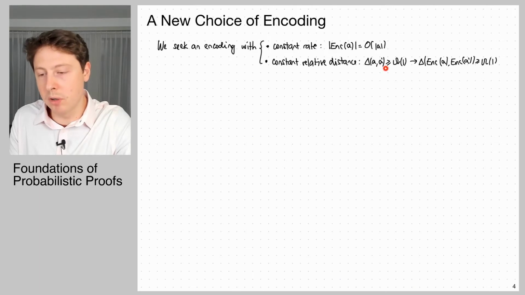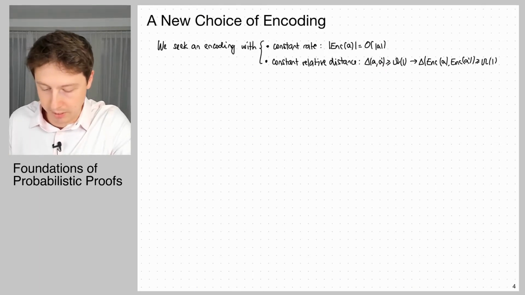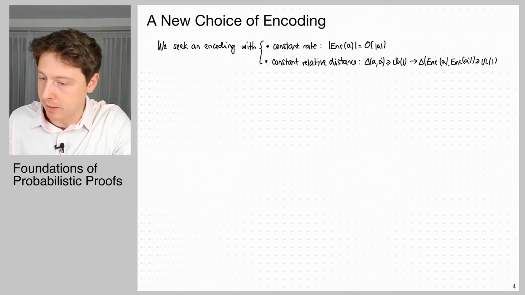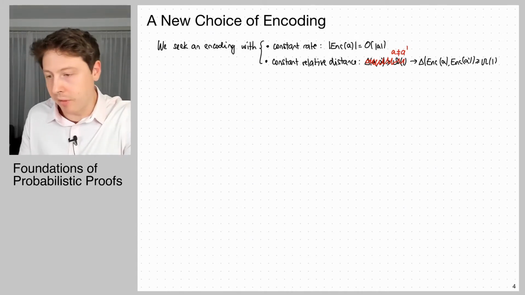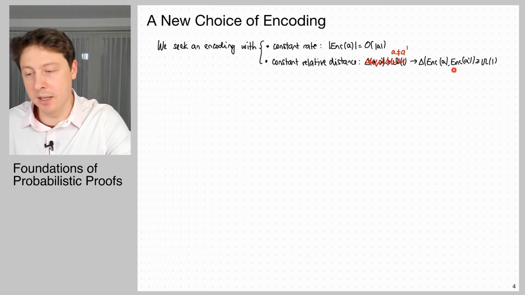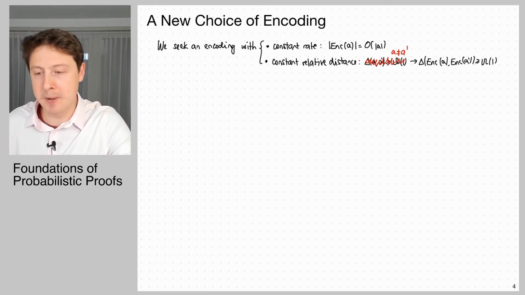Actually, that's not what I wanted to say. If two assignments differ, even at one location, then we want the fraction of differences between the two corresponding code words to be some constant fraction. Okay?